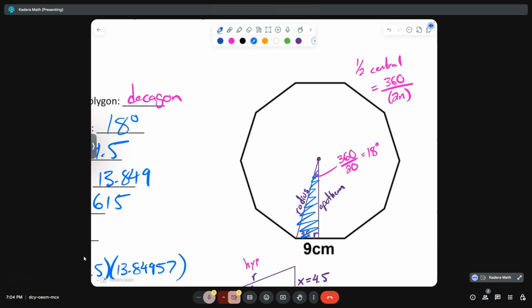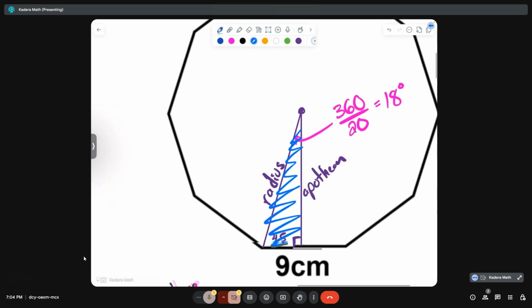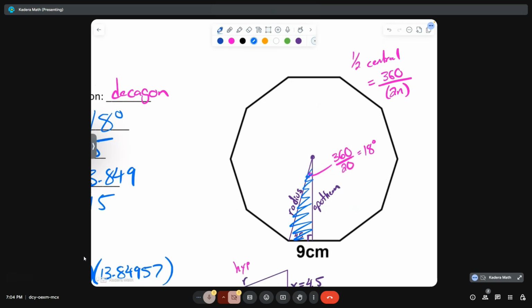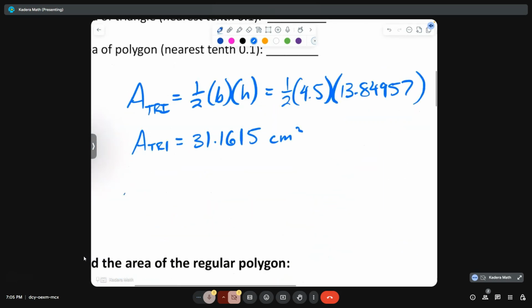How many of these blue scribbled out triangles would it take to completely cover that decagon? Well, you need 2 of these to cover each side. So, and it has 10 sides, so that means we're going to take this times 20. So the area of the decagon, nice to label your work, would be I need 20 of those 31.1615 centimeter squared triangles.